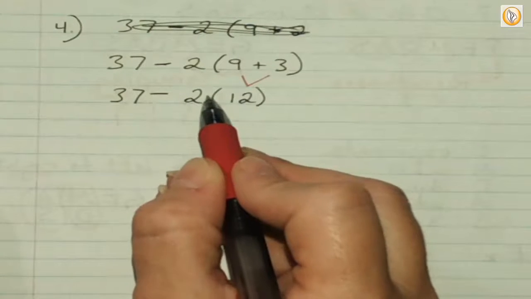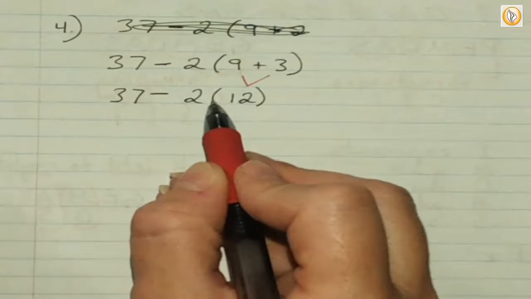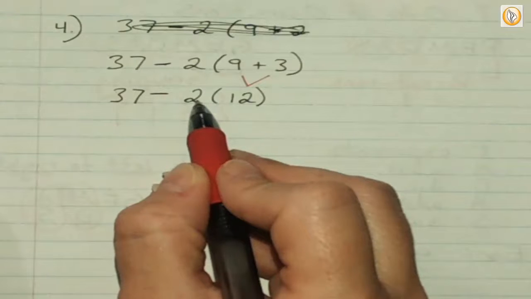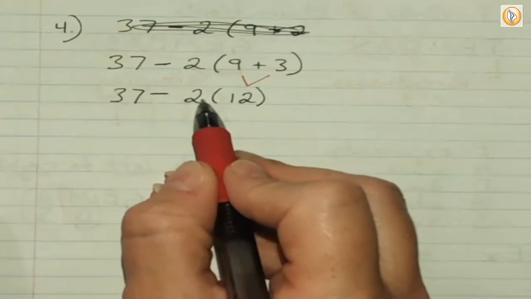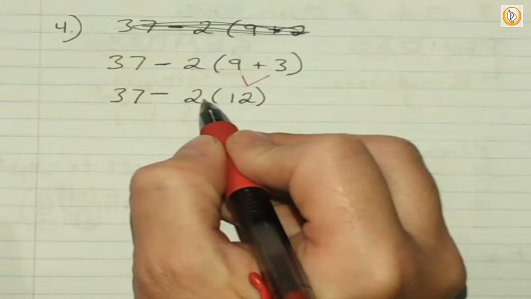Adding. If there's nothing right in between the number, hold on. This is subtracting, but when we have a number or letter right next to the parentheses, we multiply. See, there's nothing here, right?